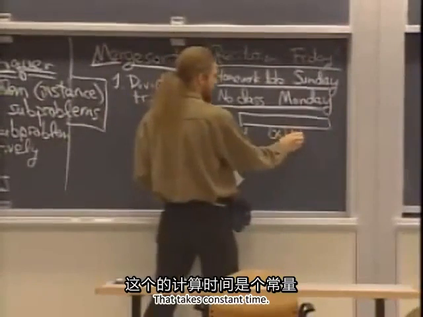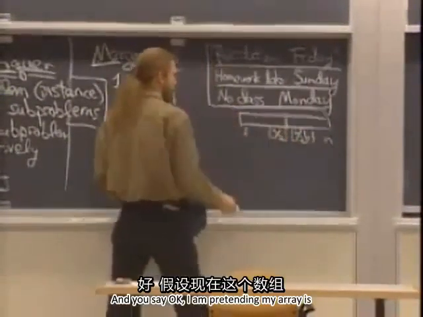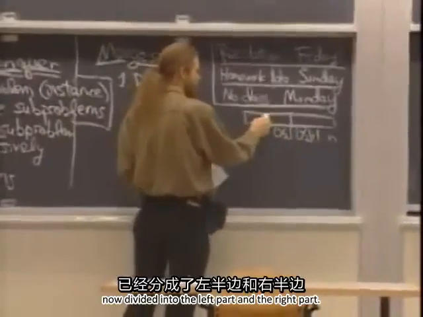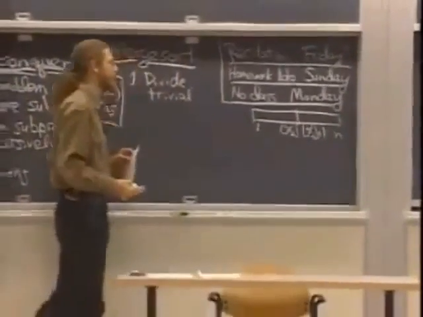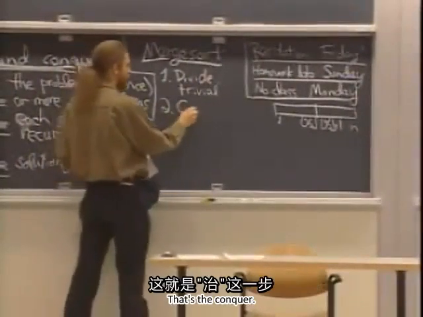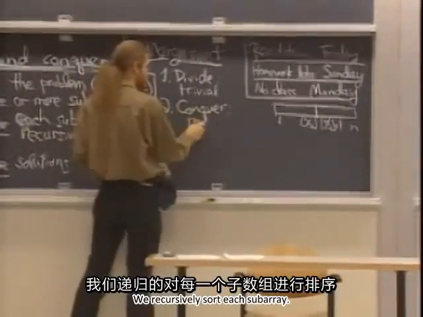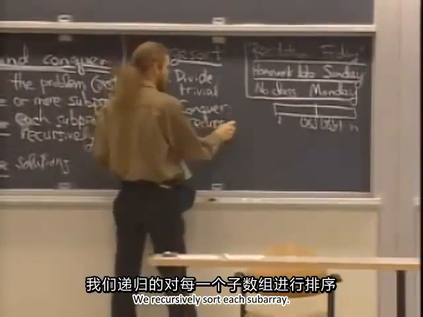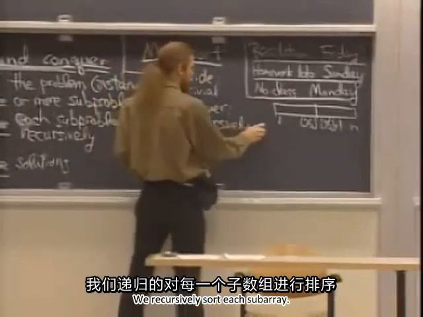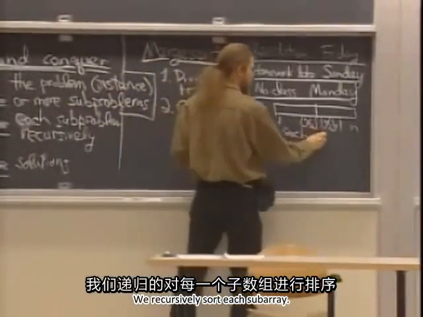That takes constant time. And you say, okay, I'm pretending my array is now divided into the left part and the right part. And then the interesting part is that you recursively solve each one. That's the conquer. So we recursively sort each subarray.